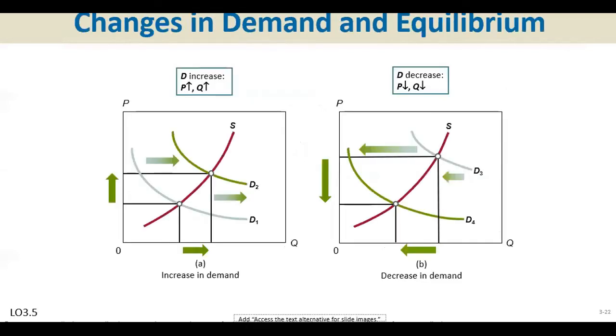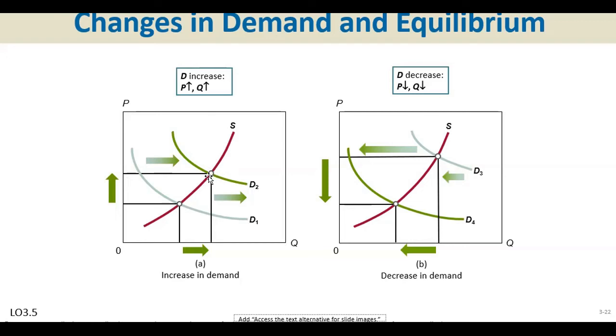So we will look at the change in equilibrium price and equilibrium quantity when there's a change in demand. And we're going to do the same thing with a supply change, all other things equal. If the supply changes, what is going to be the impact on the equilibrium price and equilibrium quantity? The first graph here is if demand increases from D1 to D2.